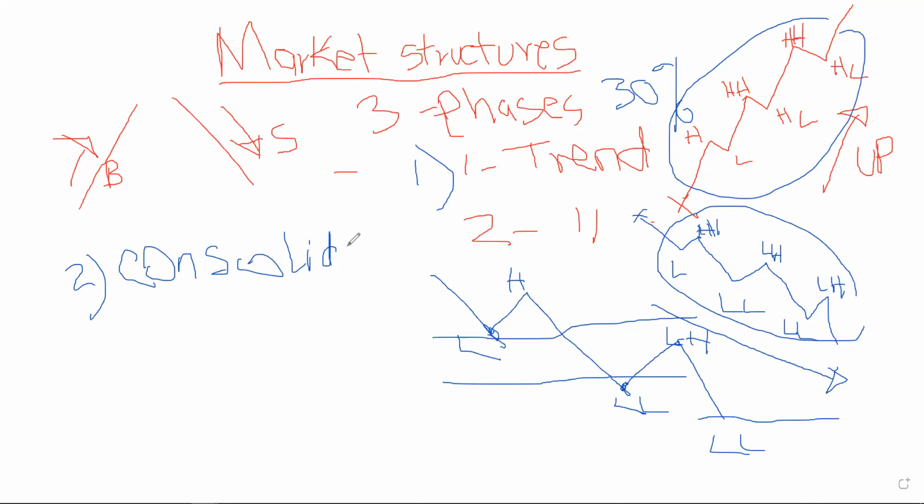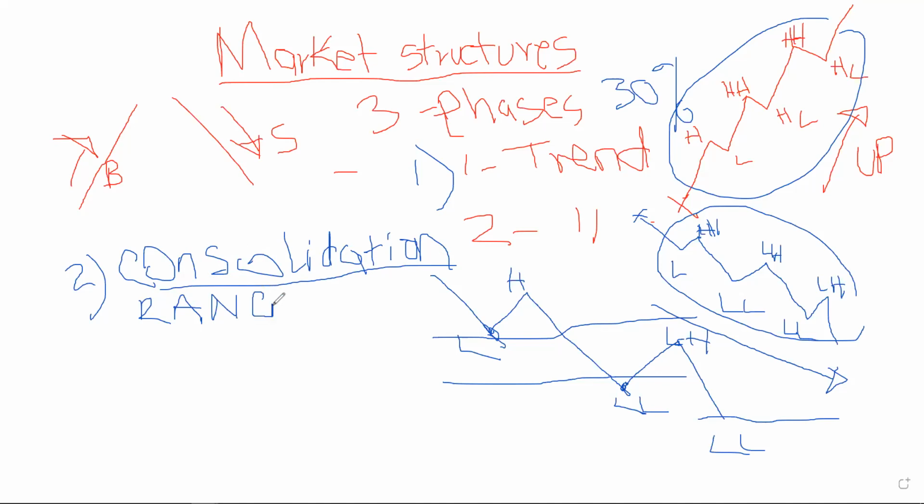These are very important things to know before you actually start trading. So consolidation means that the market is stuck between, so sometimes we call it ranging. Another word for consolidation in Forex is ranging, and the market is ranging.